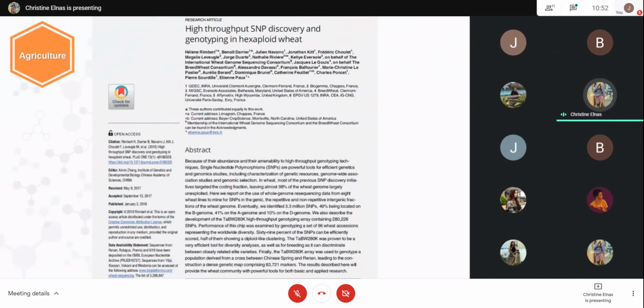So in agriculture, high throughput SNP discovery and genotyping in hexaploid wheat. This study reports on the use of whole genome resequencing data from 8 wheat lines to mine for SNPs in the genic, the repetitive and non-repetitive intergenic fractions of the wheat genome.